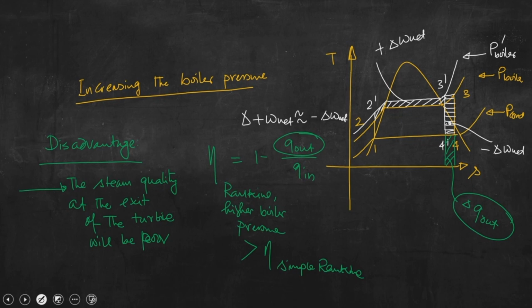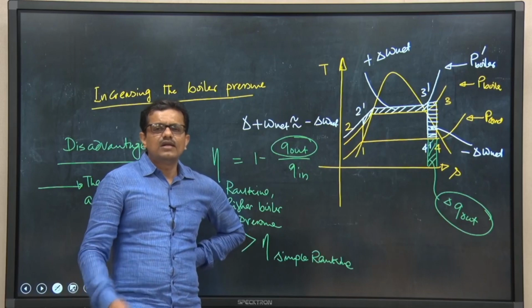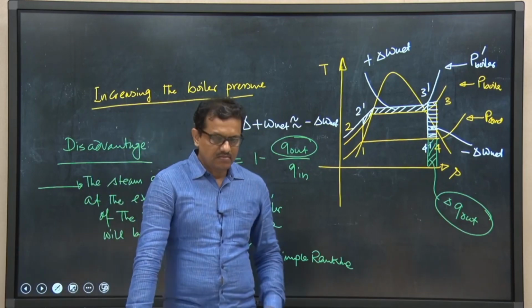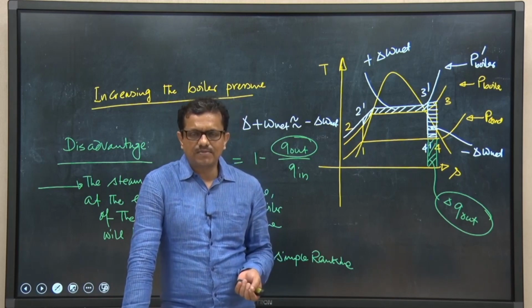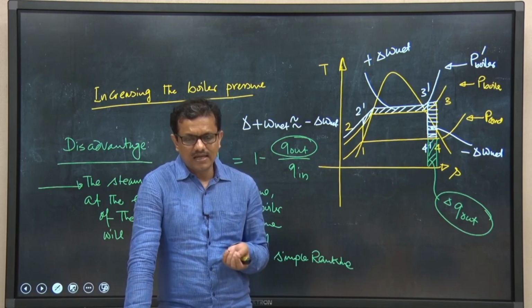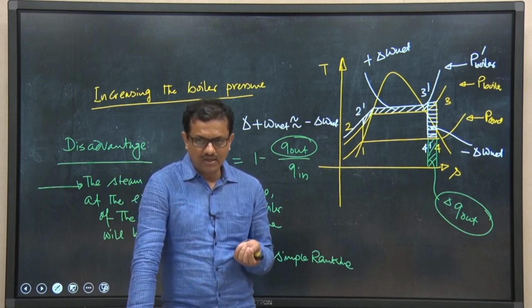Now, in the last class we discussed lowering the condenser pressure. If we lower the condenser pressure, we have seen that we may have a condenser operating at a pressure less than atmospheric pressure. We cannot reduce condenser pressure drastically, but even then we need to compromise the quality of the steam.